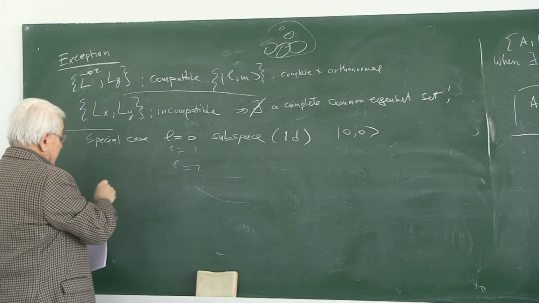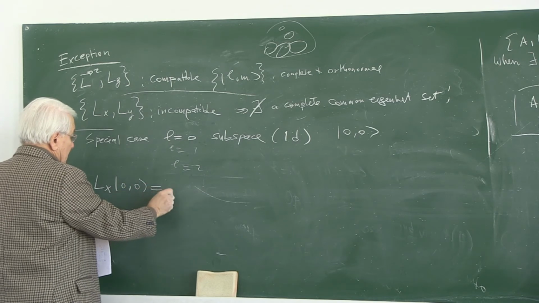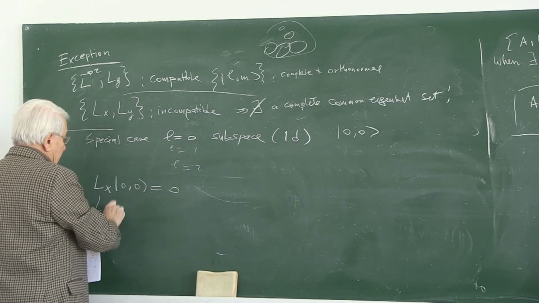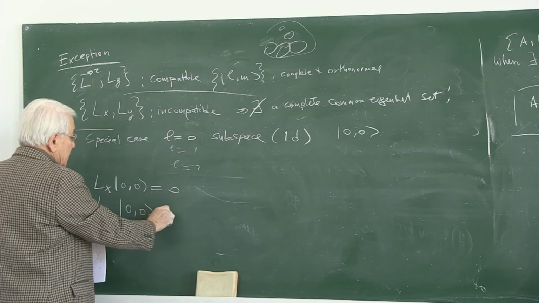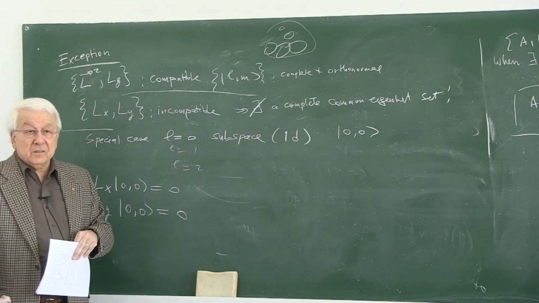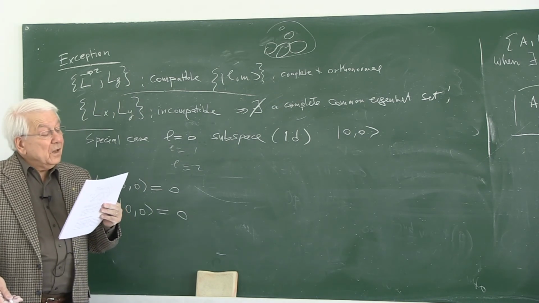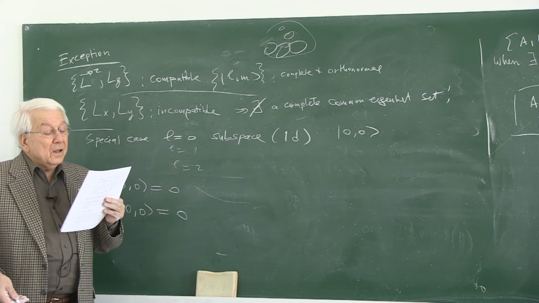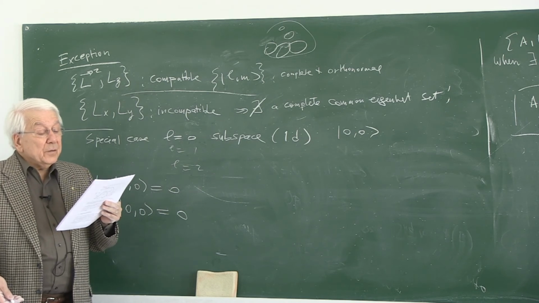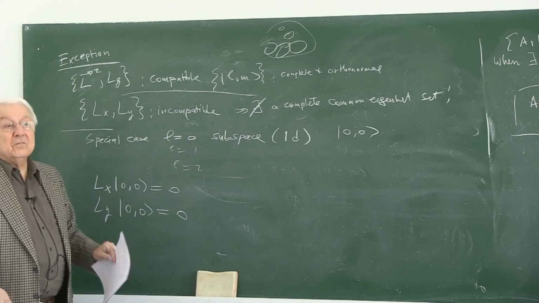What is the Lx action on that space? 0. Ly is again 0. Lx, Ly commutator is Lz. Lz on there is 0. That's a very nice thing. So this is a simultaneous eigenstate of the Lx and Ly as well.